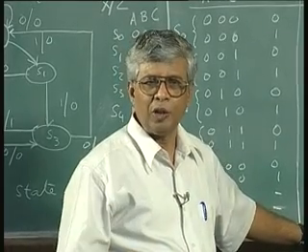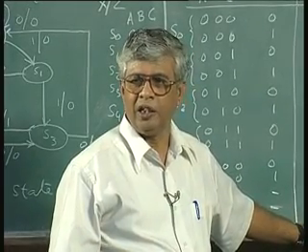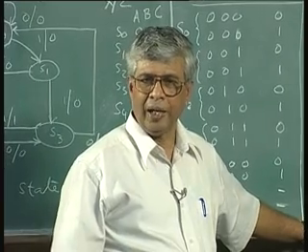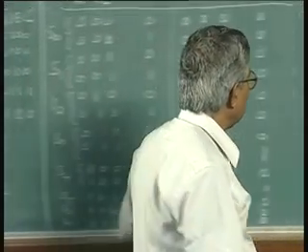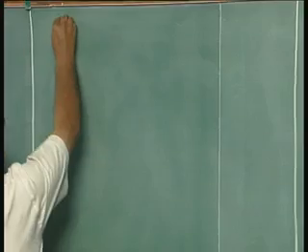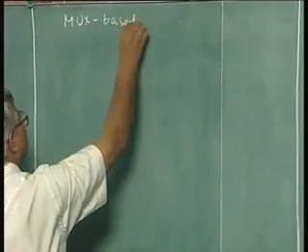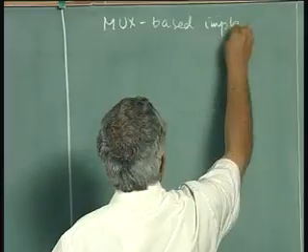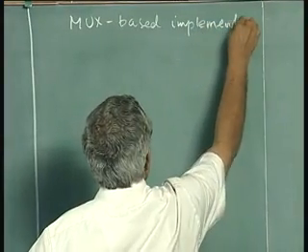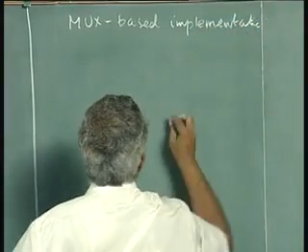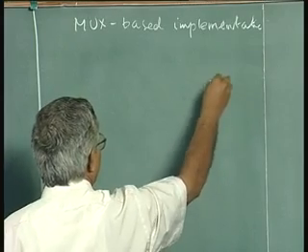So, that I am going to replace by multiplexers, but that does not mean that I am going to eliminate the D flip flops. So, D flip flops remain. The circuit is going to look like this, a mux based implementation. We are going to have 3 flip flops.